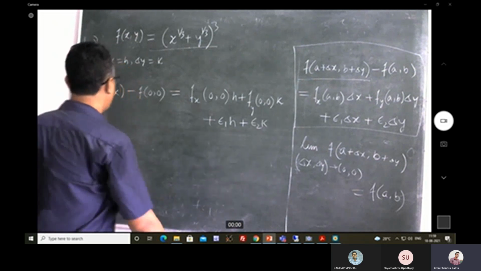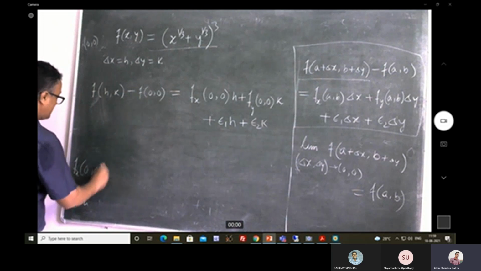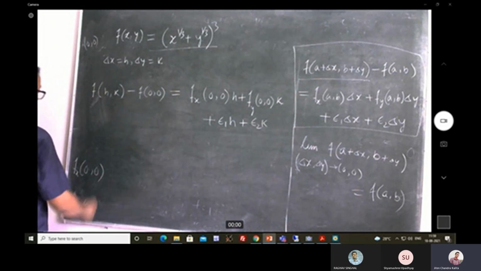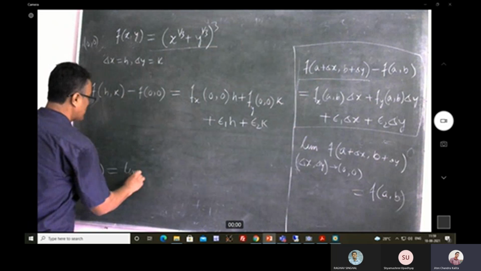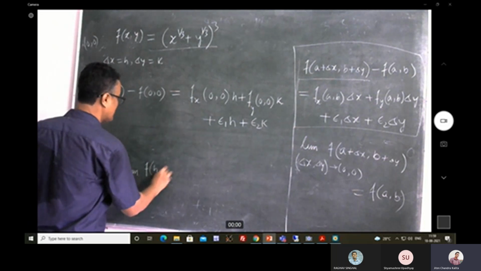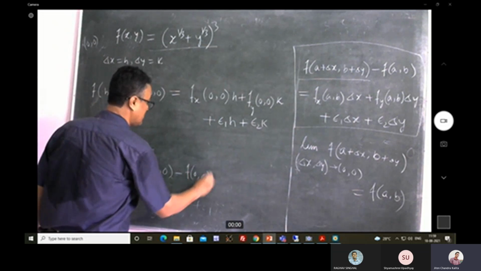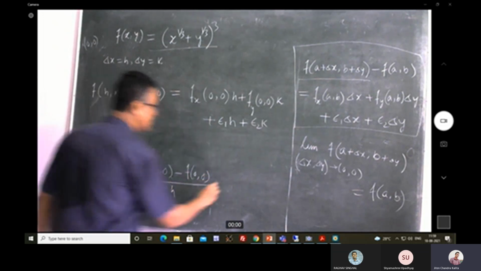Now, if I want to find the first order partial derivatives at 0, 0, I go back to the definition. This is simply f of h, 0 minus f of 0, 0 by h.